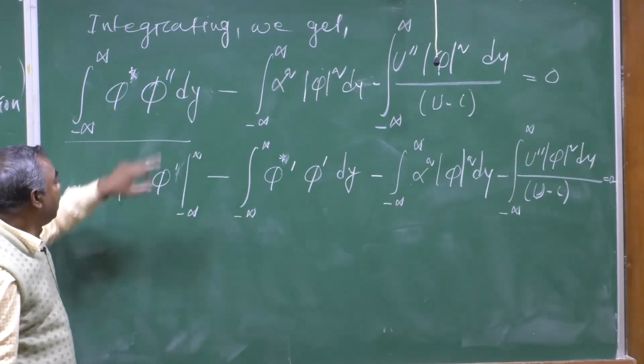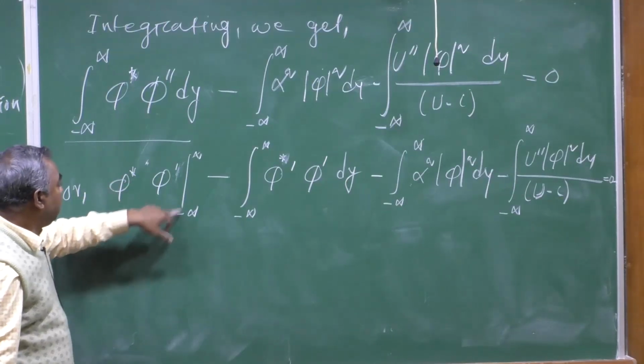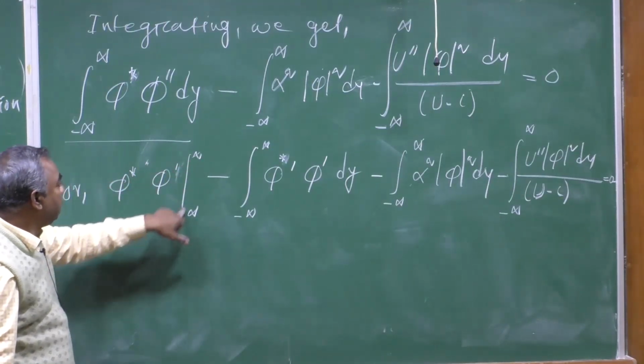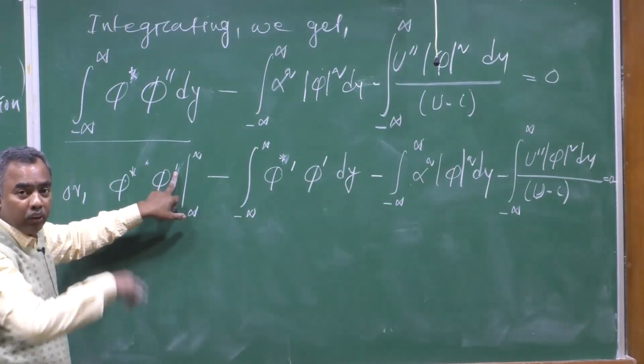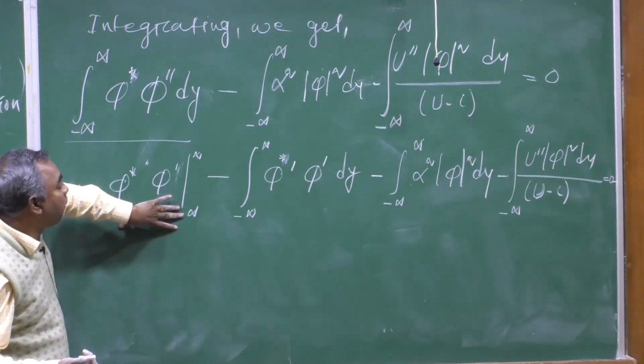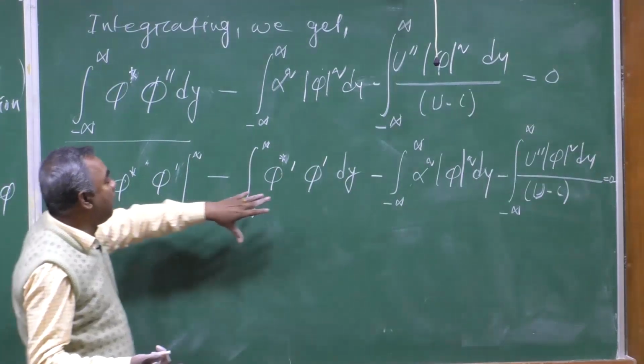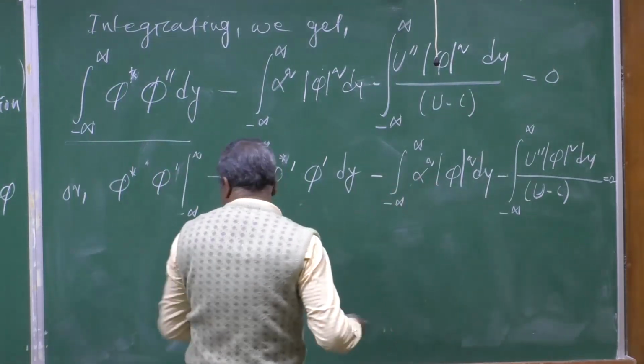The value of this boundary quantity from minus infinity to infinity is going to be 0, because phi prime at both ends is 0. So, this part is 0, and we are left with these three parts.